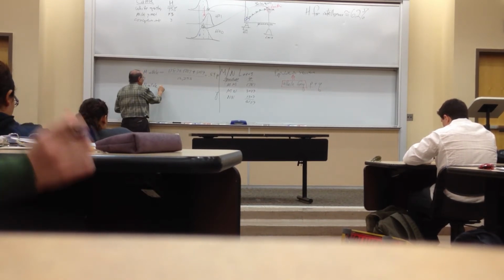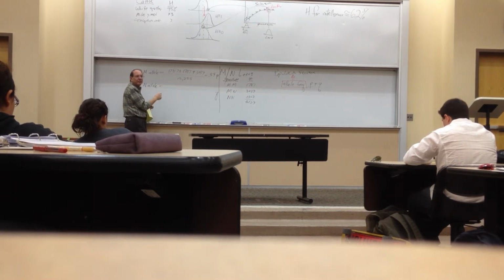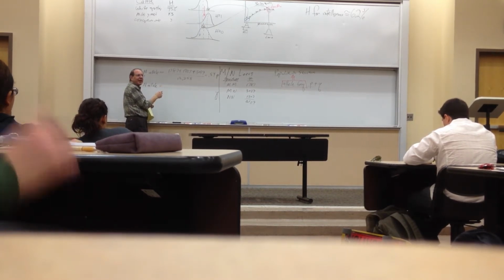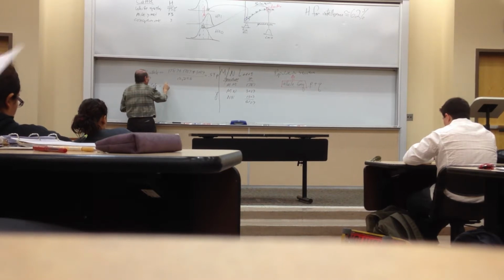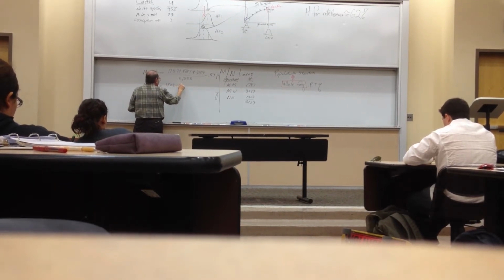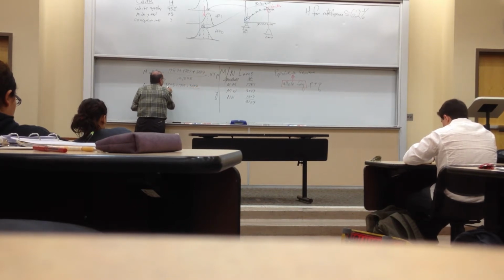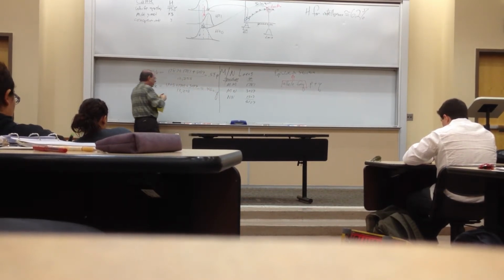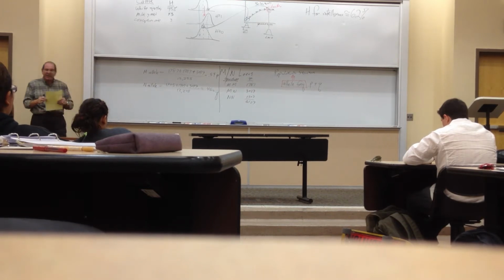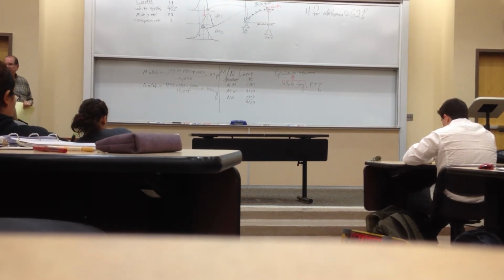Give me the numbers. 1303 times 2 plus 3039, over 12,258, is equal to 0.46, which is q. Everybody see that? Any problem?